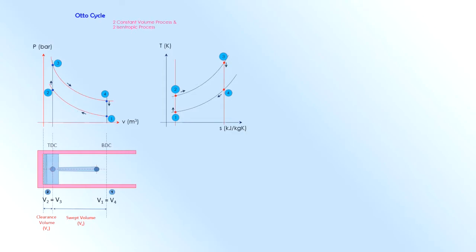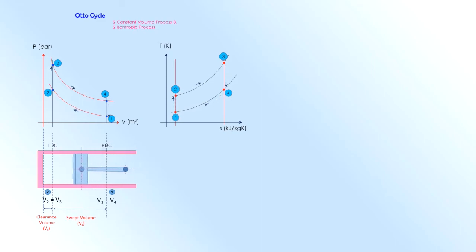So from the TS diagram, remember the area of the TS diagram is equivalent to heat transfer. From point 1 to 2, constant entropy means there will be no heat transfer from 1 to 2 and no heat transfer from state point 3 to 4. So the heat transfer only happens from 2 to 3 and from 4 to 1.